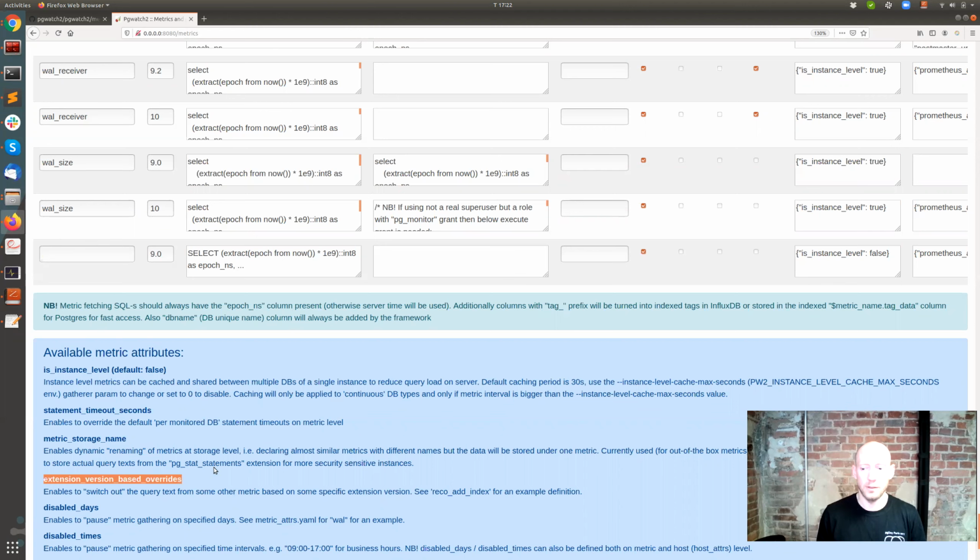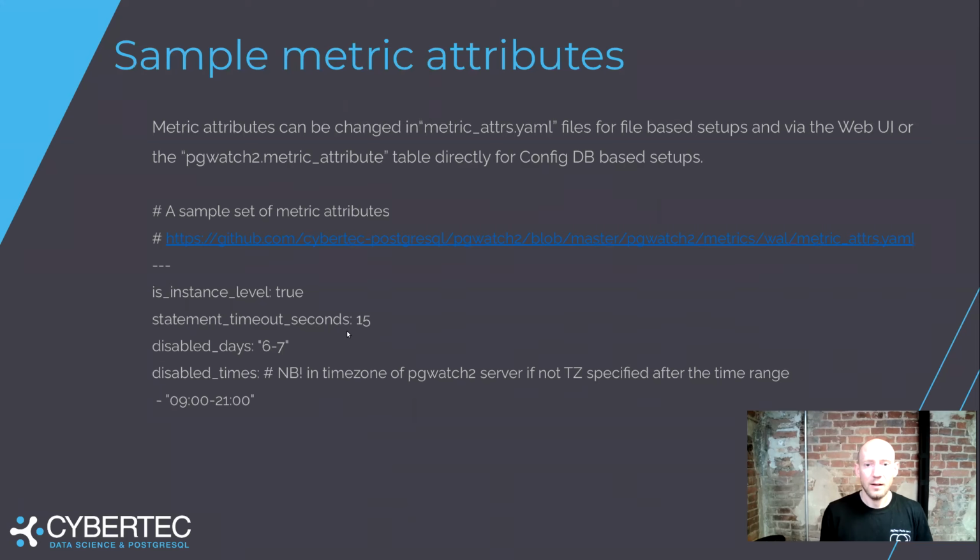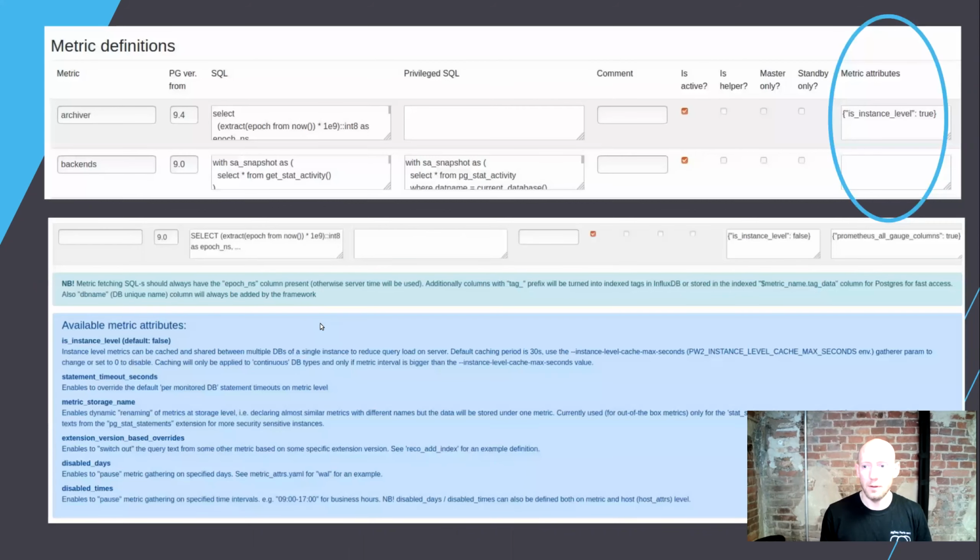When some extensions really change the behavior, we look at the extension versions and fetch the metric query from some other, differently named metric altogether. So this is pretty obscure. You won't be needing that. This is how you define those attributes in the web UI, and there are also the explanations.